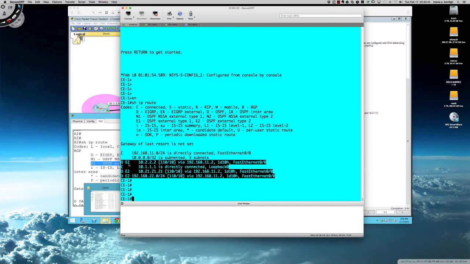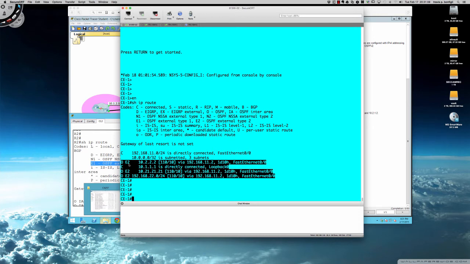And so what does that mean to be an E1 or an E2? Well, if it's an E1, remember, these are external routes, and these are coming from outside of the OSPF domain altogether, or they've been redistributed, which by definition means that they're coming from outside of OSPF.